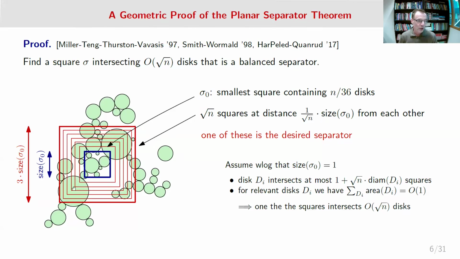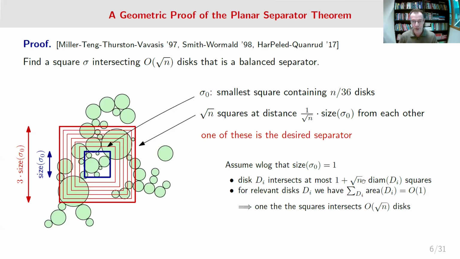Each of these disks, we can assume has constant area, because if it were much bigger, there are only very few of them because the disks are disjoint. So these super big disks I just put into my separator and I ignore them from now on. I only need to look at disks that have area at most order 1. And because they're disjoint, all the disks intersecting this red square have total area order 1.